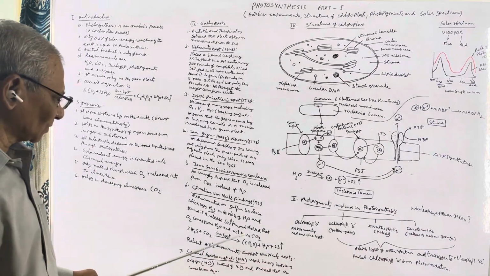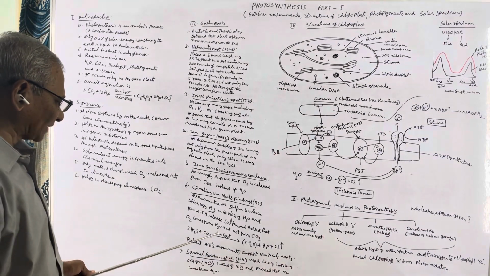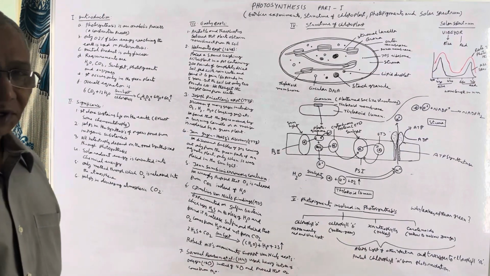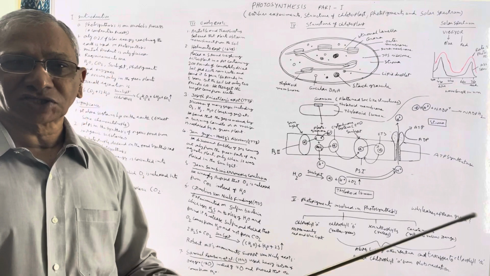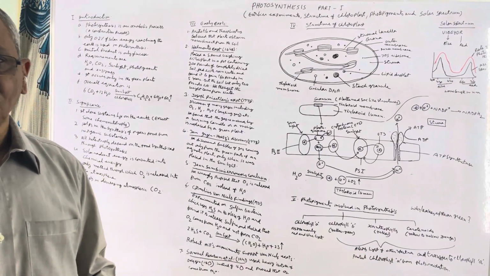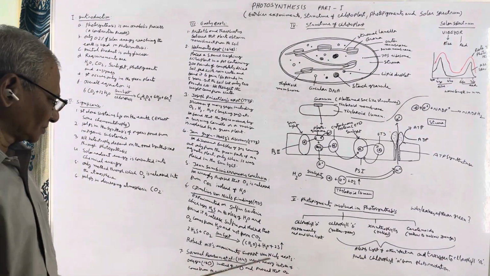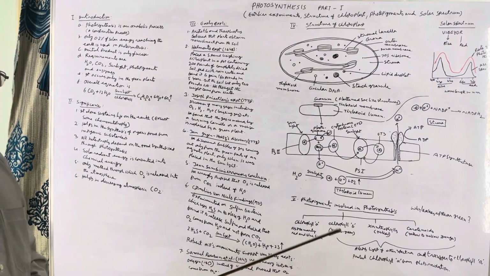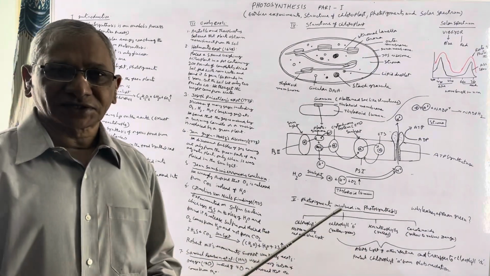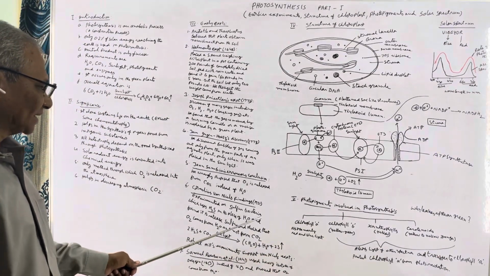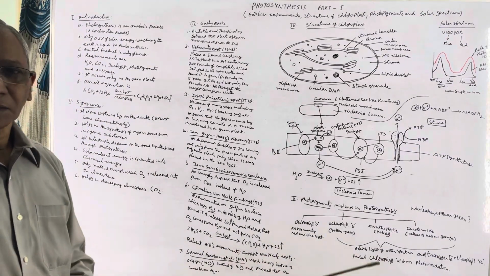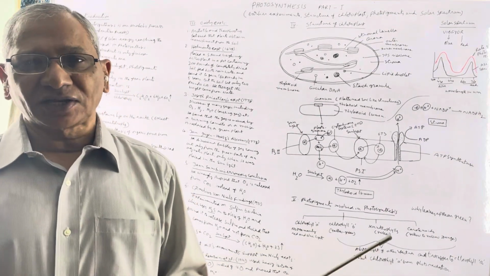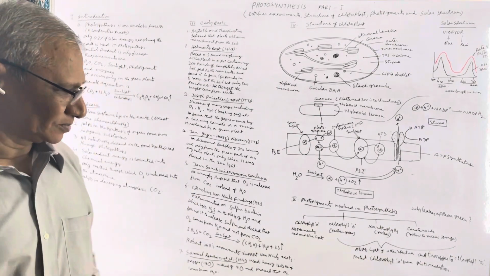That means, when in the sulfur bacteria, sulfur is released from H2S, he concluded that in photosynthetic plants, oxygen is released from water. That is what he found out. And now we know that van Niel's experiment is correct. He correctly predicted that oxygen evolves from water and not from carbon dioxide.